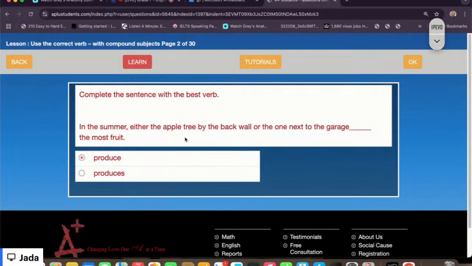Okay. So in the summer, either the apple tree by the back wall or the one next to the garage dash the most fruit. What is the right verb here?